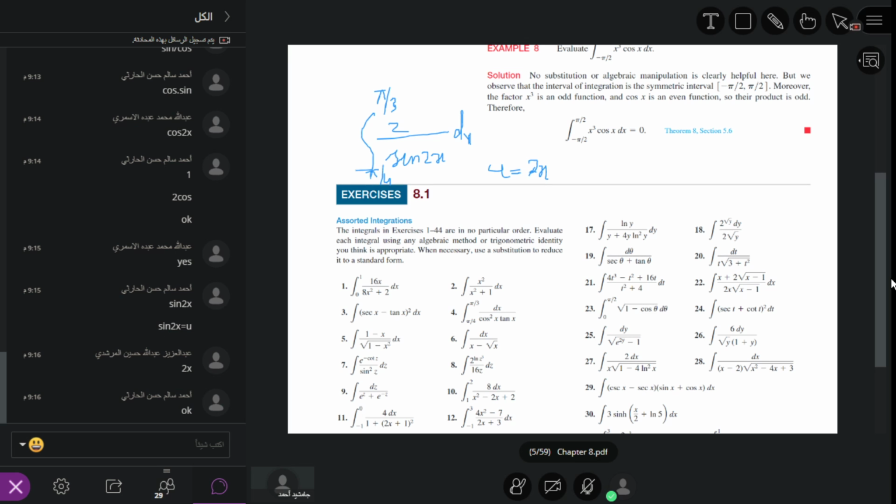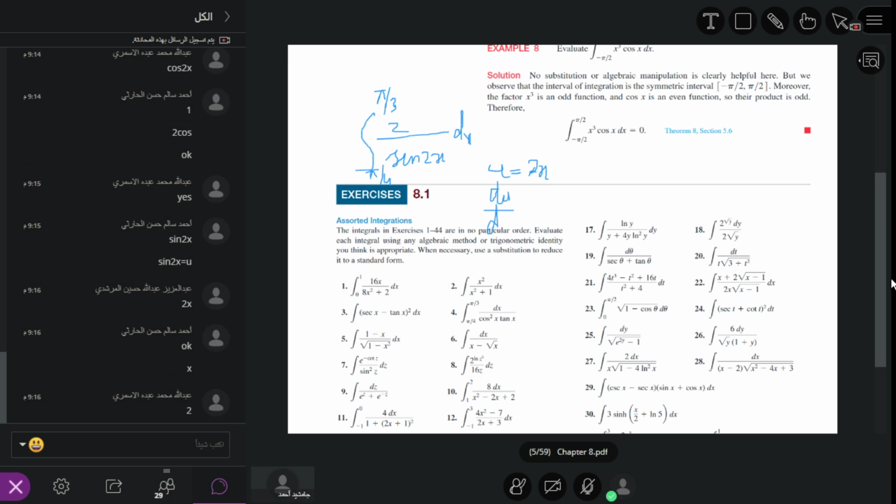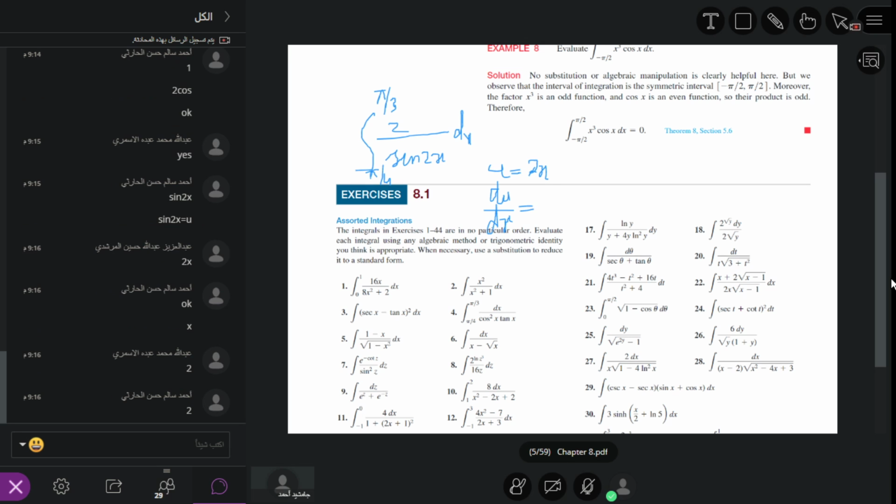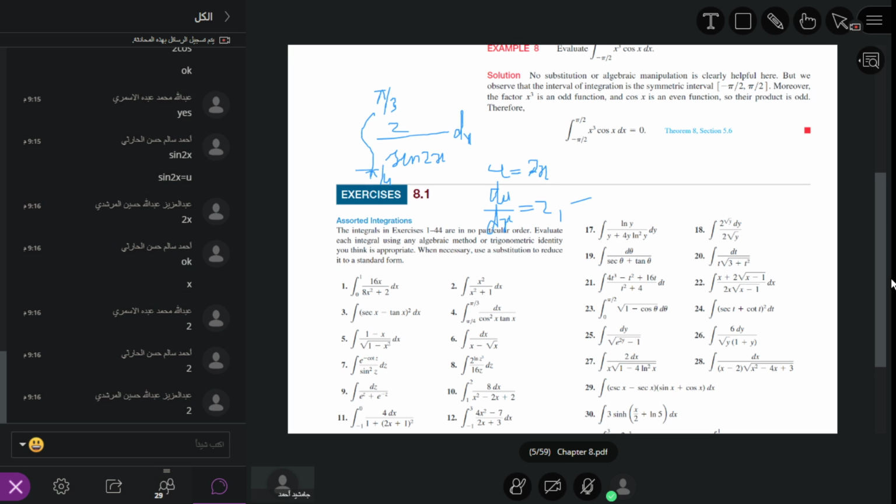What is the derivative of u? du over dx is equal to 2, so du is equal to 2 dx. We have 2 dx, which is equal to du.